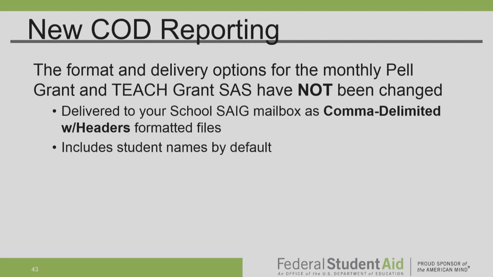As has the Pell disbursement detail on demand report that you can pull that shows your disbursements. That also comes to you in a comma delimited format, which makes it easy to drop into an Excel spreadsheet. And they've always included students by name.